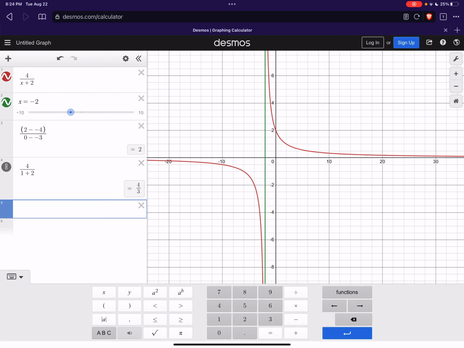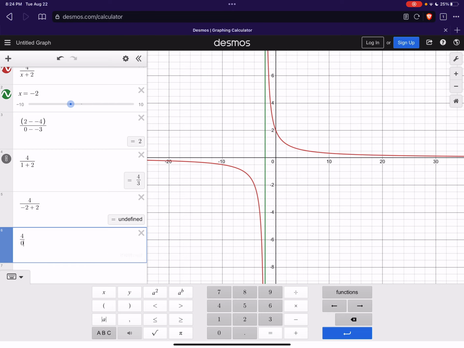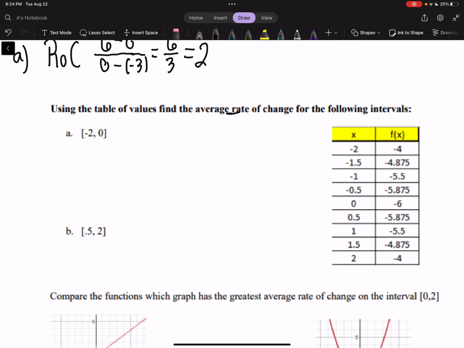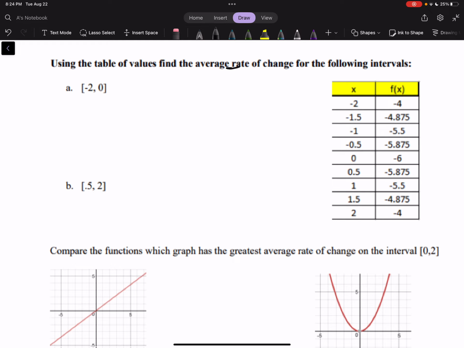To prove that, we're going to have 4 divided by -2 plus 2, and that says undefined. Notice what this is. This is just 4 divided by 0. You cannot divide by 0. It does not exist. Alright. That's good for that one. You can take time to do 3 if you want. I'm not going to. I'm moving on.